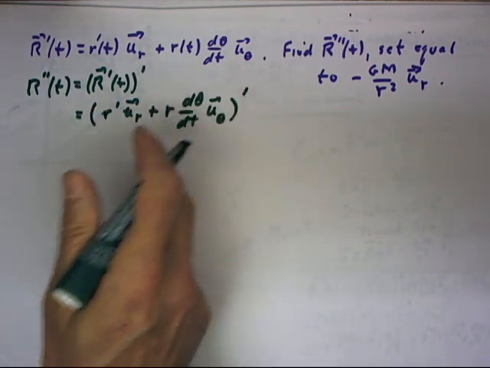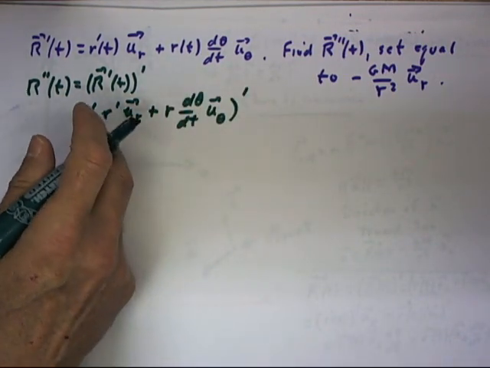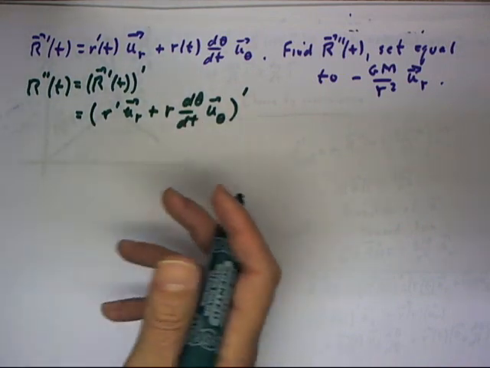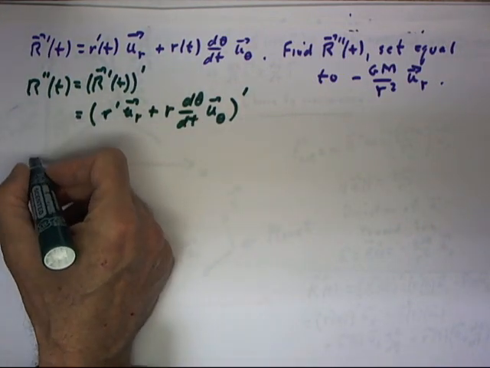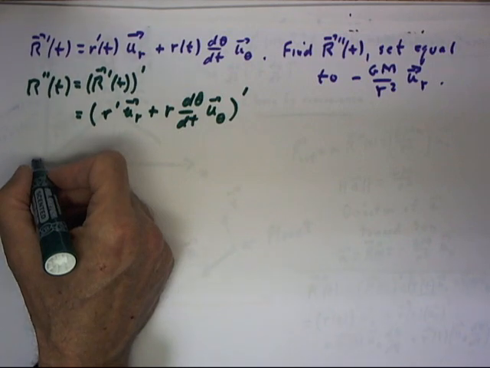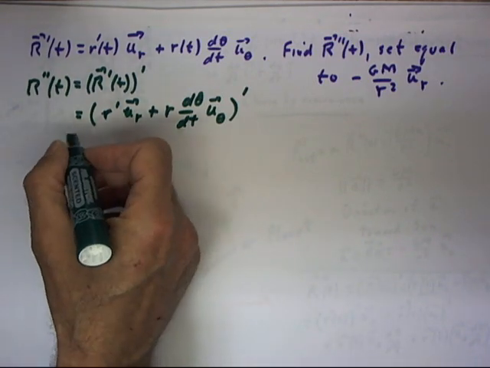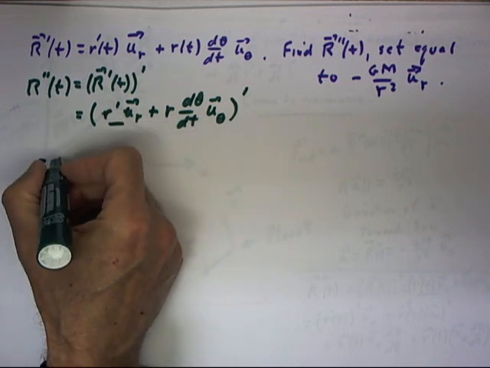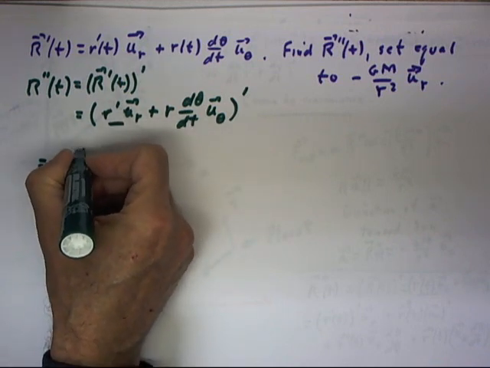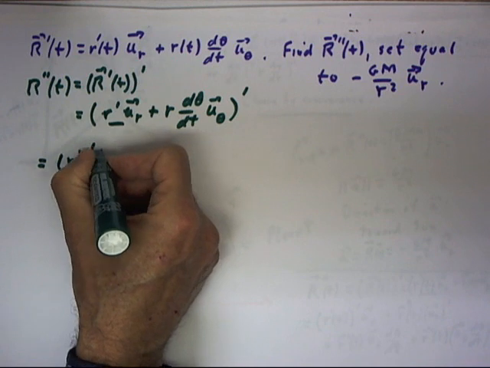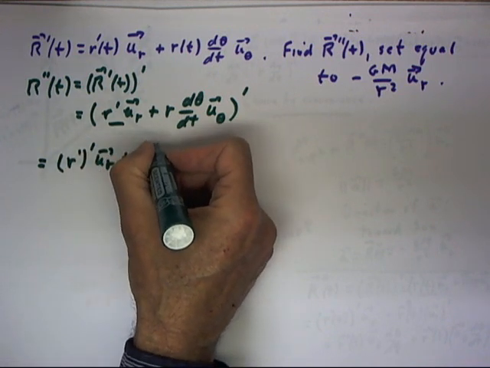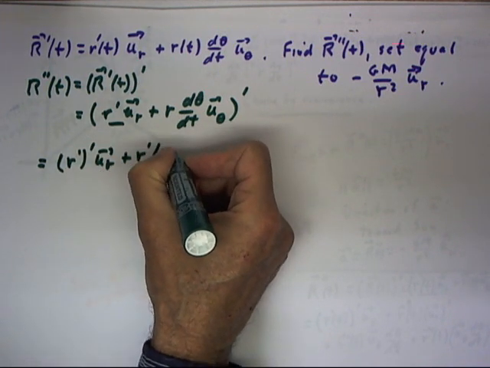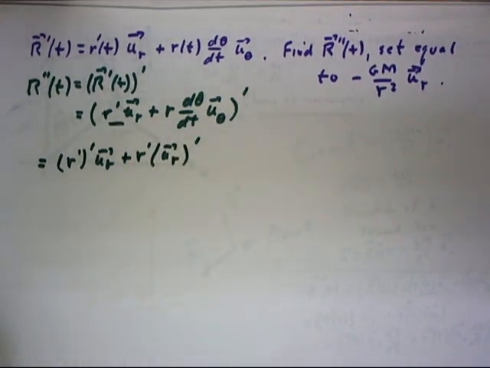Now this is a fairly straightforward expression. We're just going to apply the product rule and the chain rule, and we see that this is going to equal, well, let's just do the derivative of this term. That's going to be r prime prime times ur plus r prime times u sub r prime.